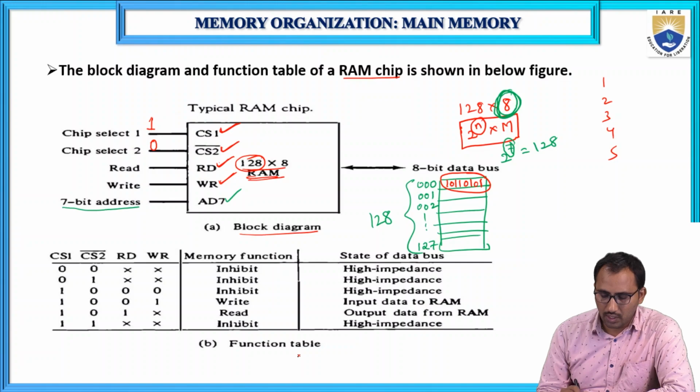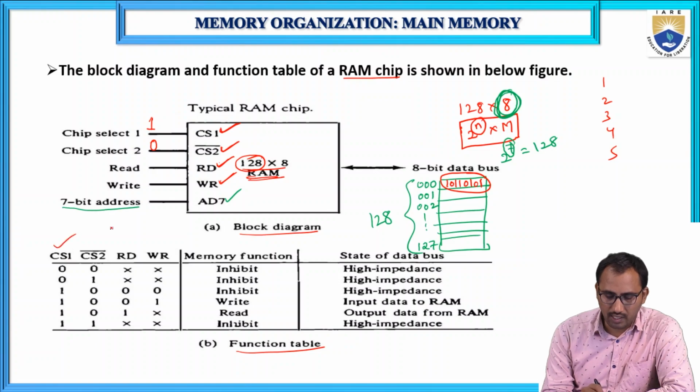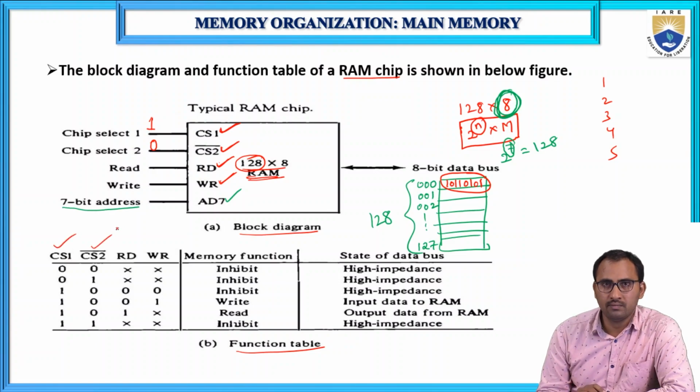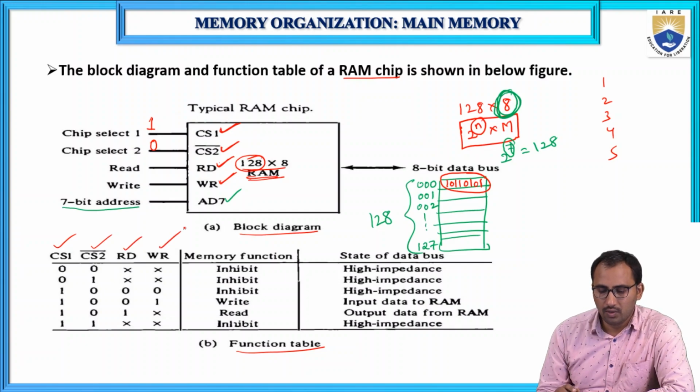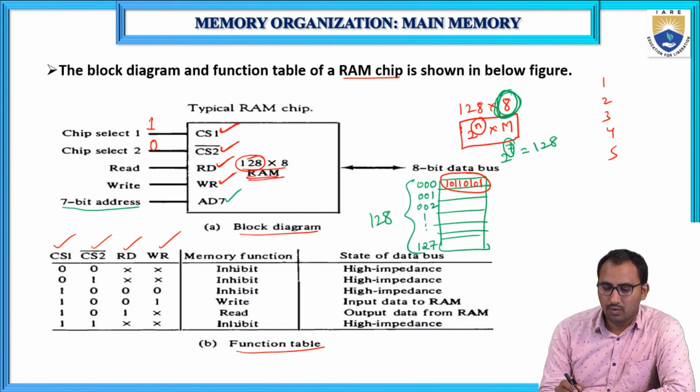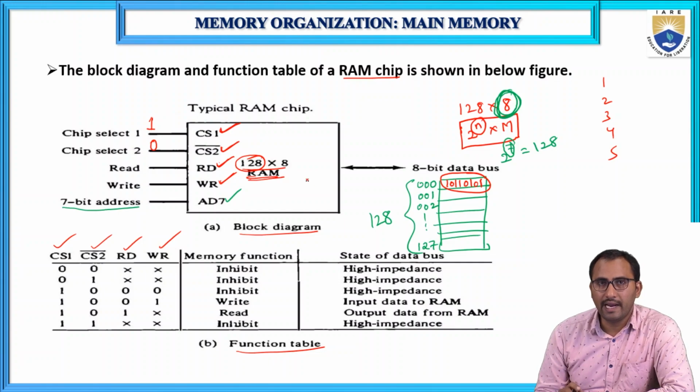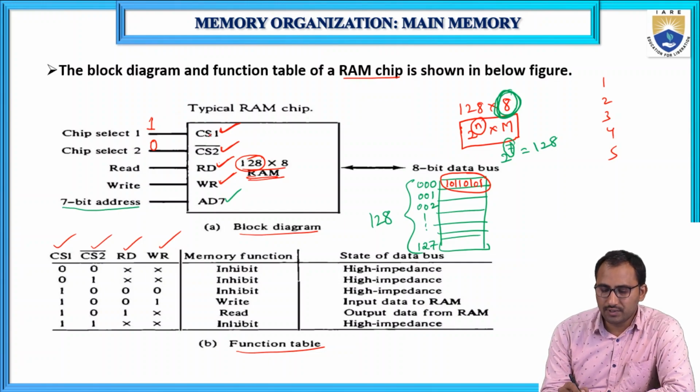If you look into the functional table, here we have CS1, CS2 bar, read, write. This memory chip will be activated only if CS1 is equal to 1 and CS2 bar is equal to 0.